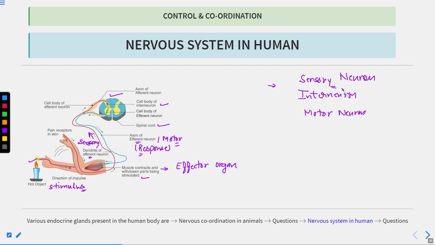What was the role of the sensory neuron? It detects the stimulus and then transfers the stimulus to the central nervous system. Then the interneuron connects both the sensory and the motor neuron, and the motor neuron brings back the response to the effector organ. Clear?